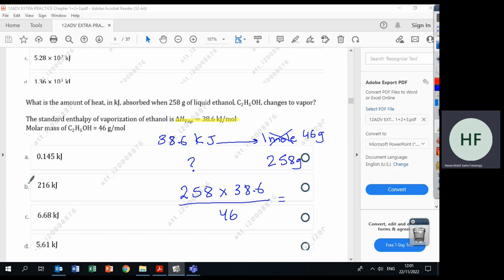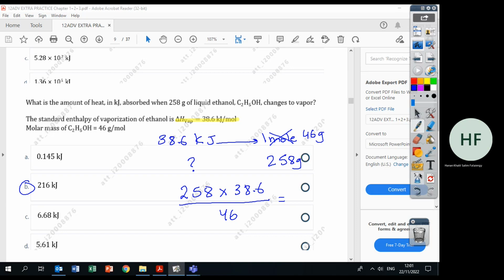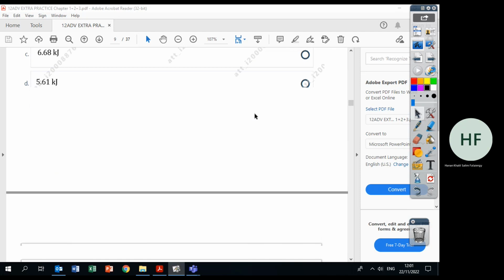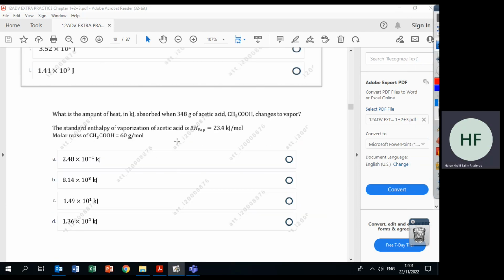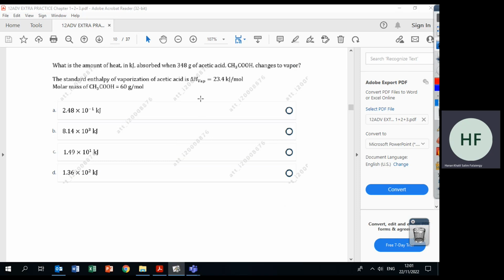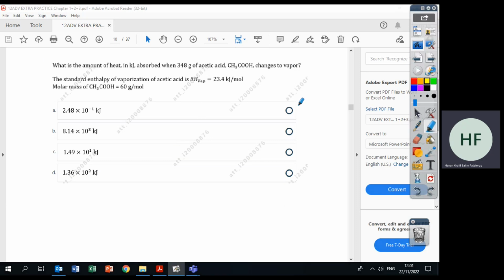Okay, so the answer is 216. I think this question is not very clear. Let's do this question. Okay, it's also a similar one. You start with this. Yeah, try to solve by yourself.